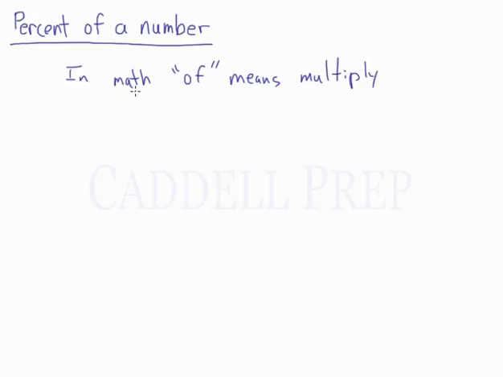So if you have to find, for example, 8% of 40, this means 8% times 40. Okay, but we can't multiply just 8% by 40 and get the answer. We have to change 8% to a decimal.